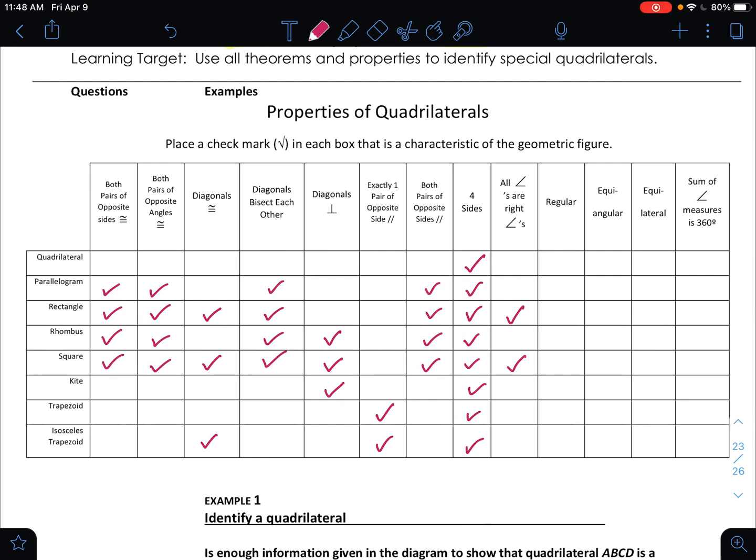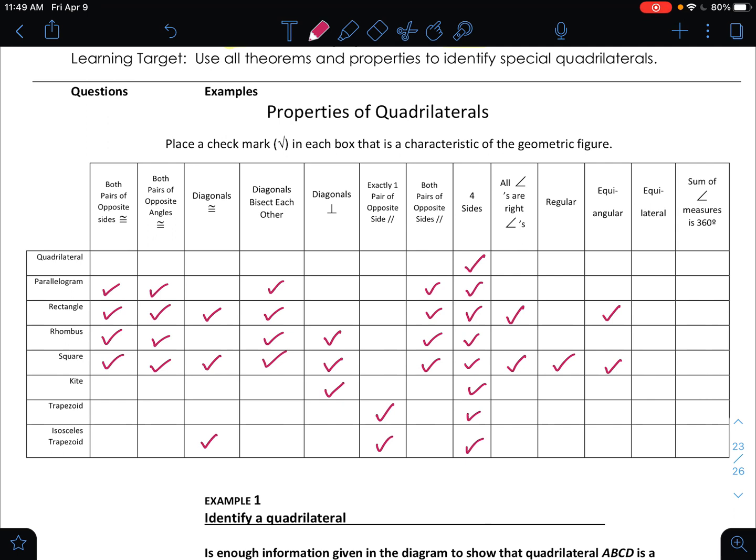Is it regular? Only some of these are regular. The only regular quadrilateral is a square because it has equal sides and equal angles. Okay, just equiangular. Just equiangular would be the rectangle because it's 90s, plus a square. But that should be it.